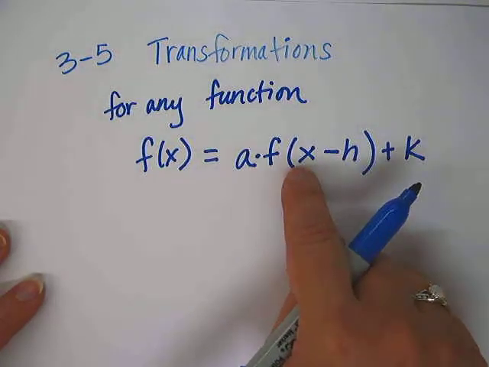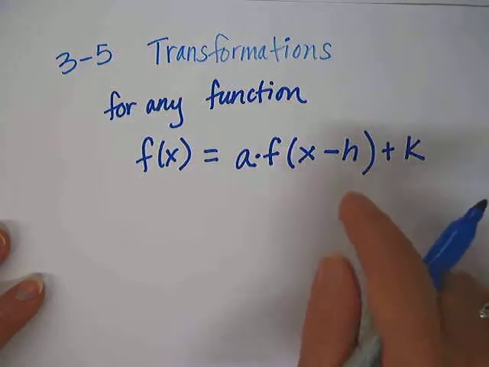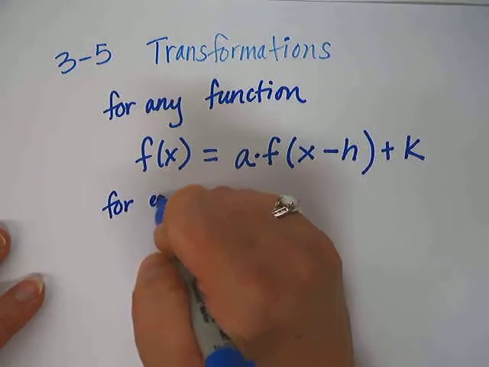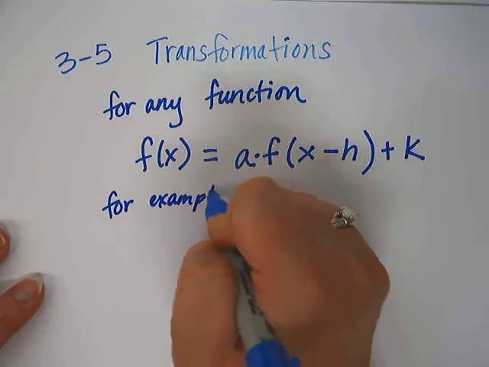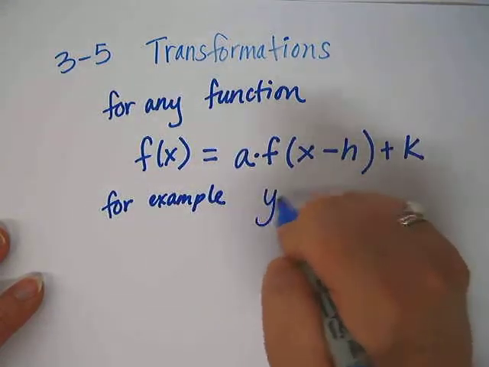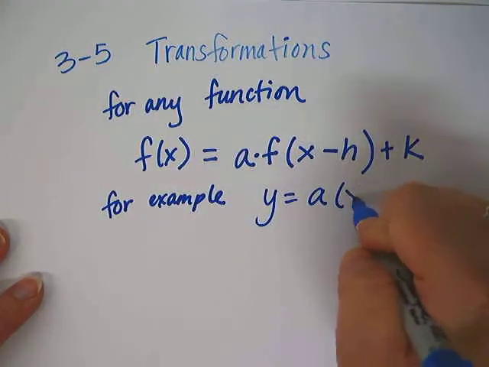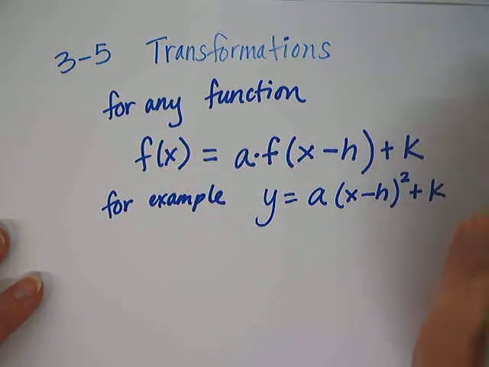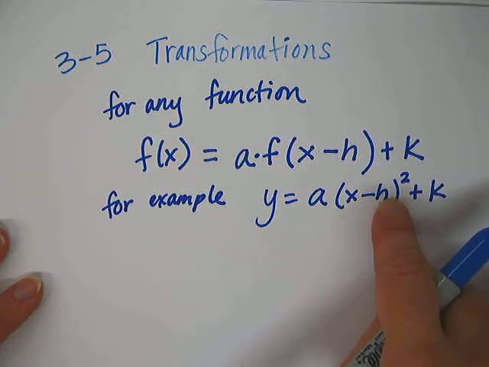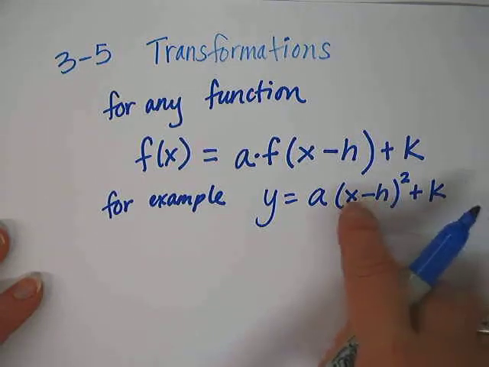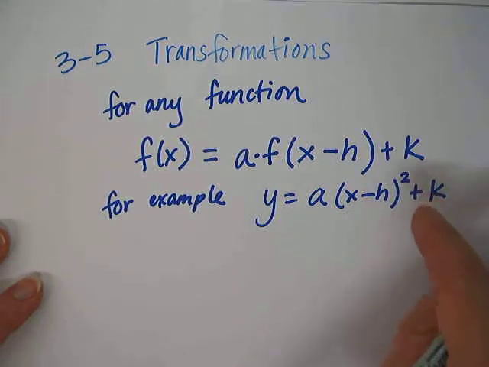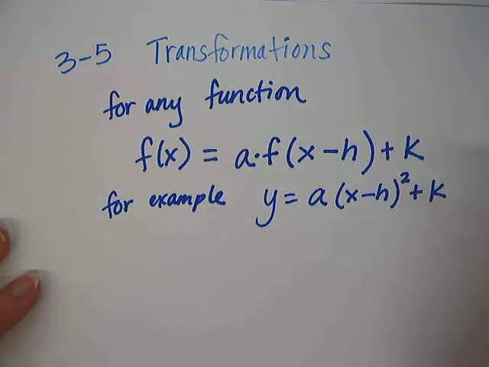Now this looks a little weird because I've actually got f of x in there instead of what you did today. So what you worked on today, for example, with quadratics, y equals a times x minus h squared plus k. Since it's a quadratic function, it's going to have the h inside parentheses with a square, right? What if it was some other function?